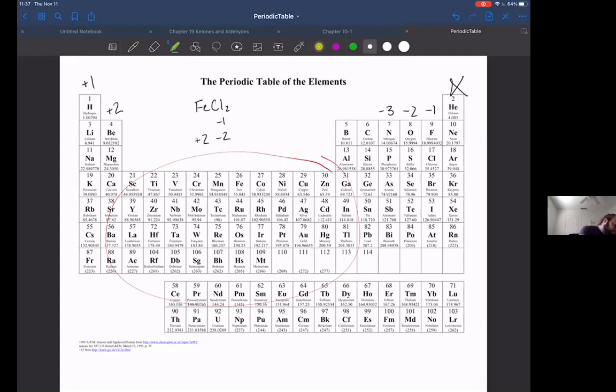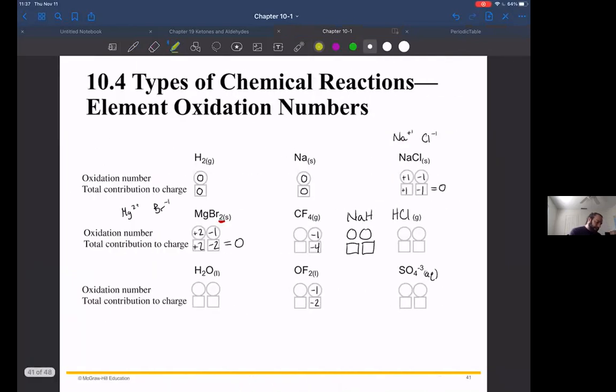So if we go back to our examples here, H2O is a covalent compound. So we wouldn't say that it's composed of hydrogen ions and oxide ions because it's covalent, but it has the same sort of rules that we would expect as if it was an ionic compound, where the hydrogen's going to have a +1 charge and the oxygen's going to have a -2 charge.